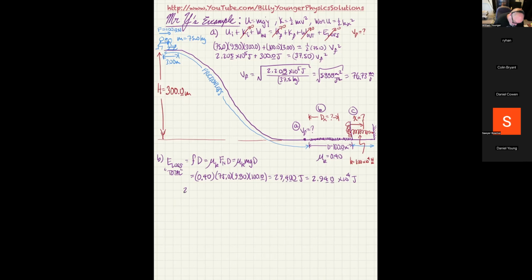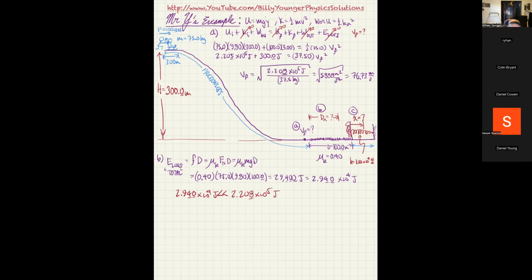So let me write this in a different color just so you'll know I'm trying to point out something different. 2.940 times 10 to the fourth joules is way less than 2.208 times 10 to the fifth joules.